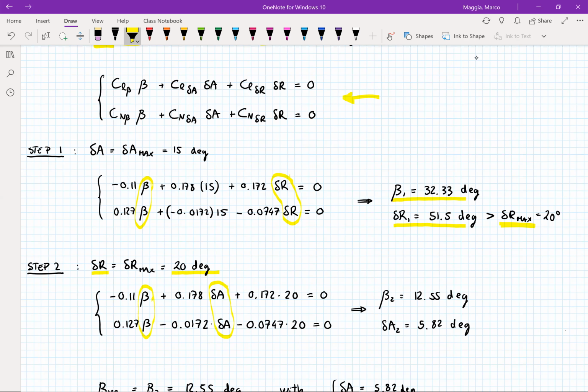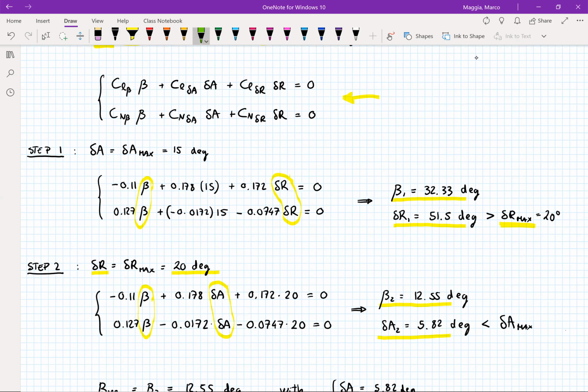Solving these two linear equations, we find that the side slip angle is 12.55 degrees with an aileron deflection of 5.82, which is less than delta A max.